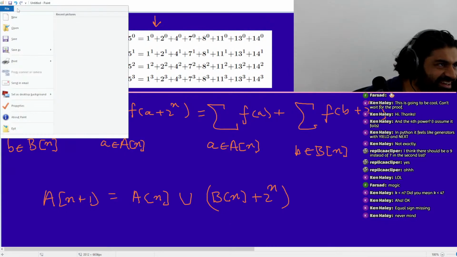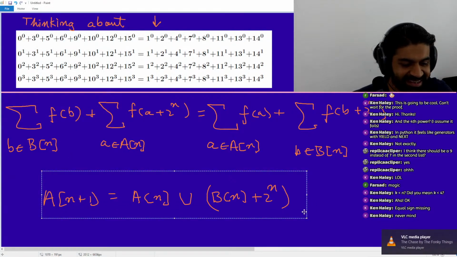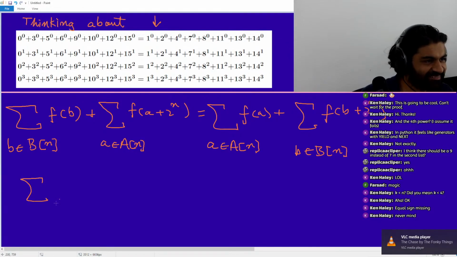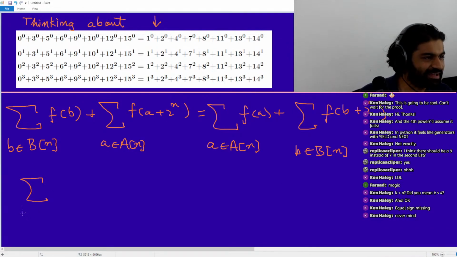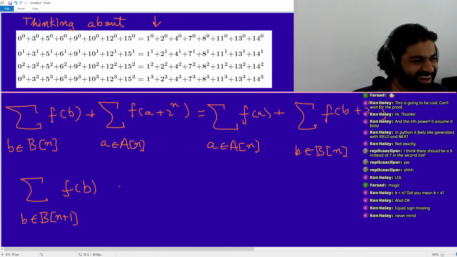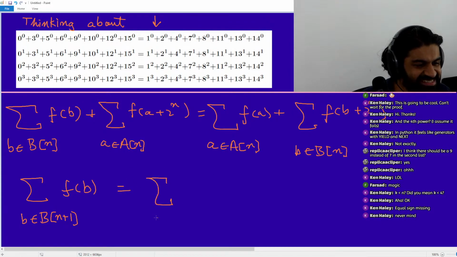So actually this left-hand side is equal to exactly the sum of everything in bn plus 1 of f of b. How crazy is that?